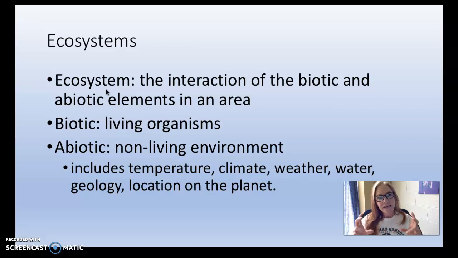And that any given area thing is pretty loosely defined. We can call an ecosystem a big area, like Yellowstone National Park is one giant interconnected ecosystem, but also within that big ecosystem, there are smaller ecosystems. So just the river in Yellowstone is its own ecosystem.